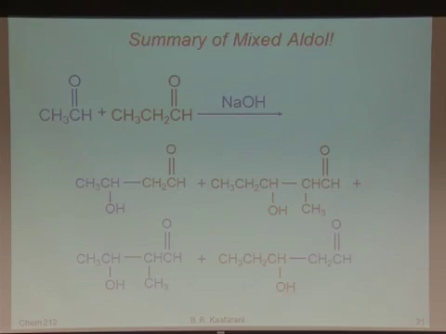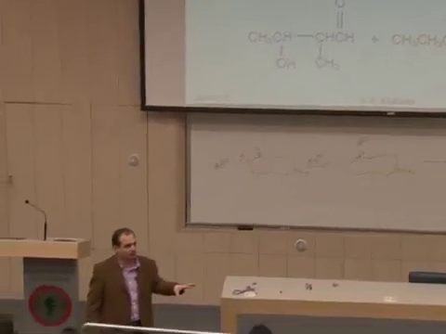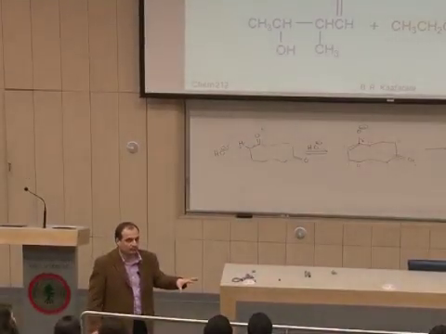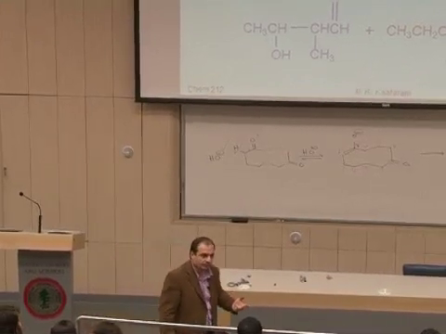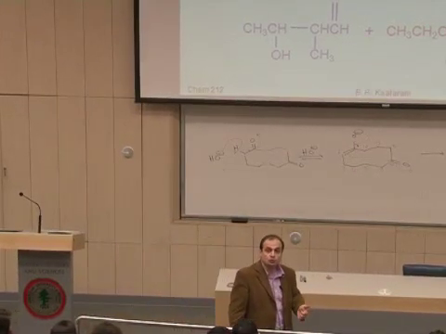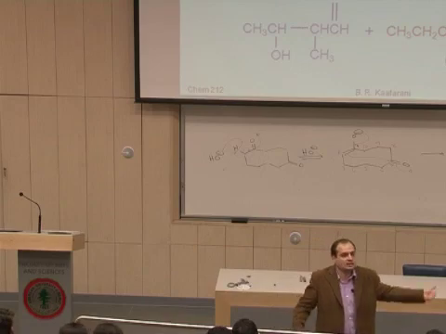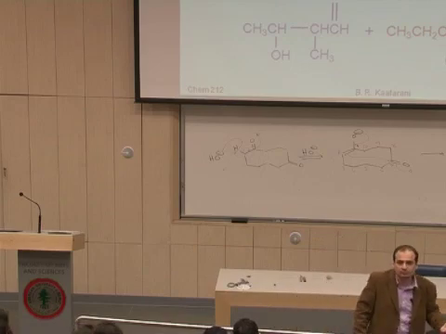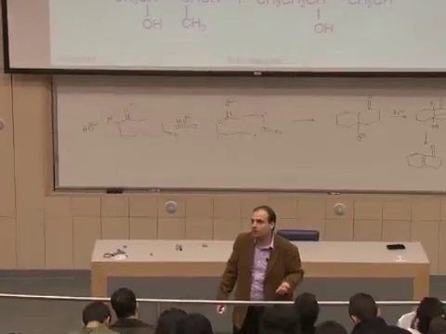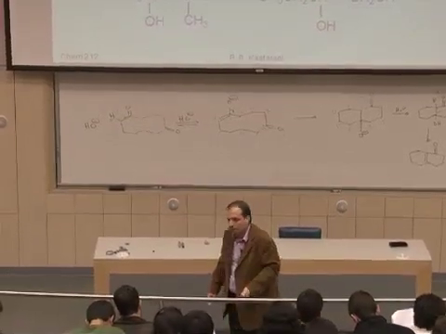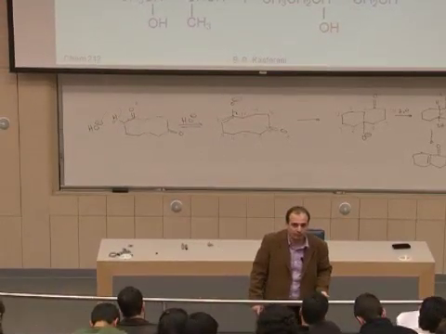Fine. What if you want to do a mixed aldol condensation, but you want to decrease the number of products? Well, you can do 2 things. You can use 1 aldehyde that does not have any alpha hydrogens. If you do not have any alpha hydrogens, you cannot form an enolate.